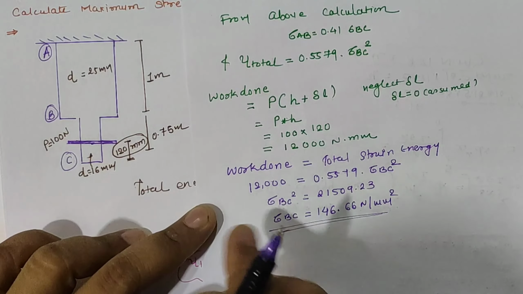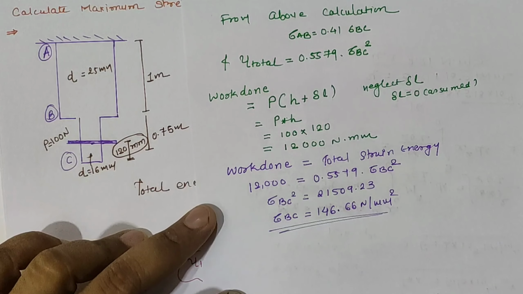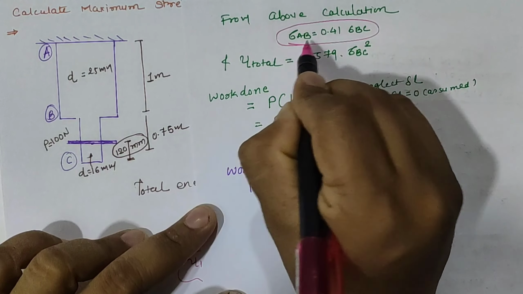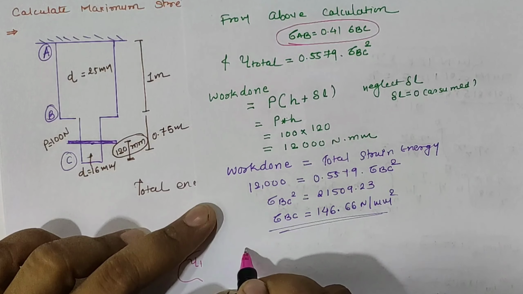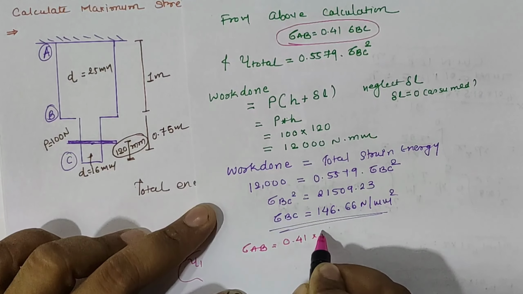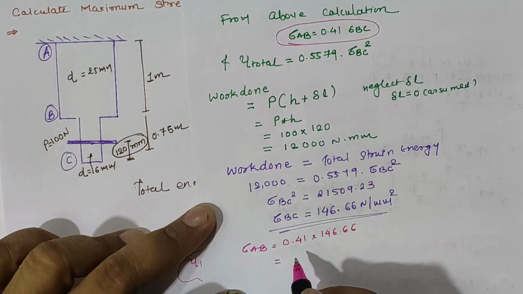So the stress in the bottom part is 146.66 Newton per mm square, and from the relation sigma AB equal to 0.41 sigma BC, we have sigma AB as 60.13 Newton per mm square in the top 1 meter part.